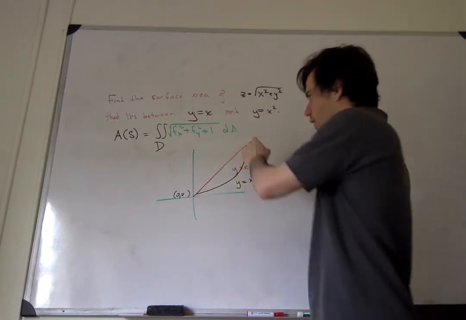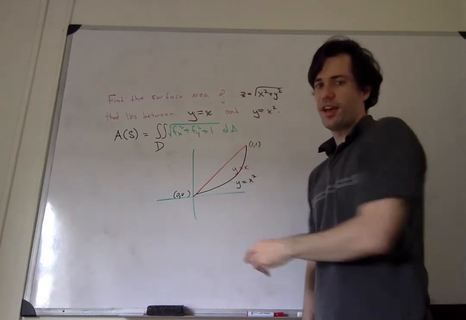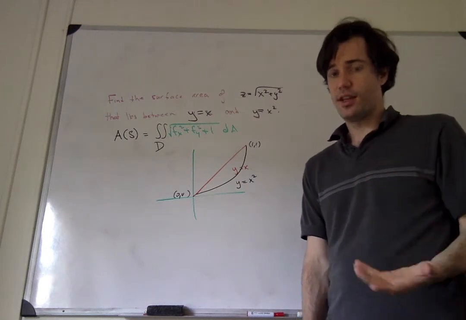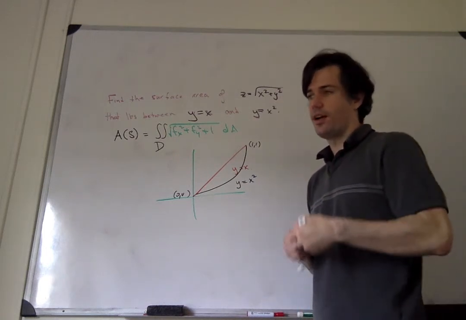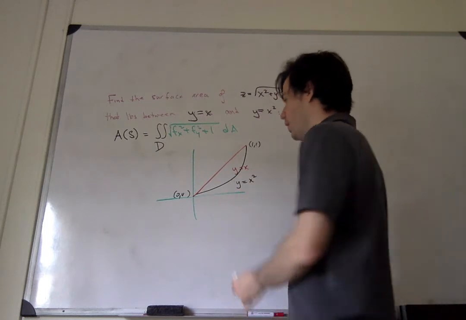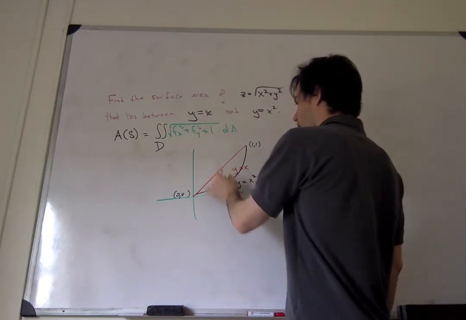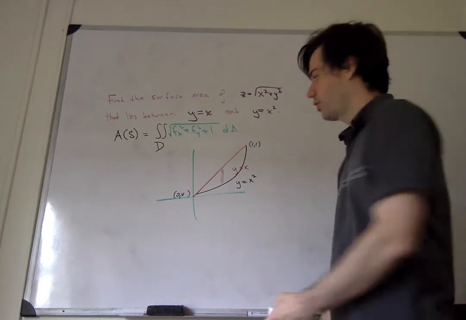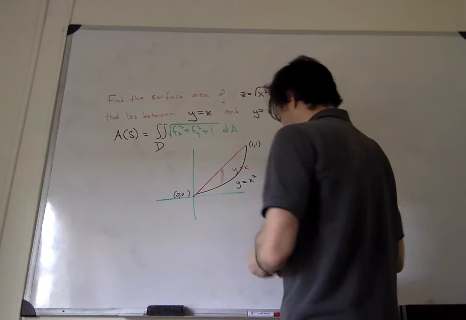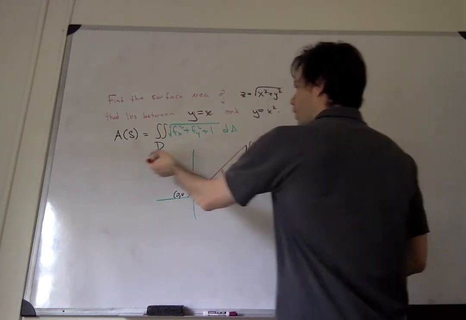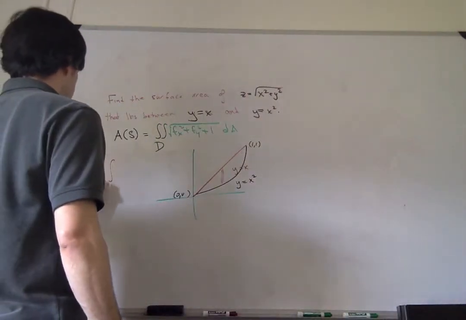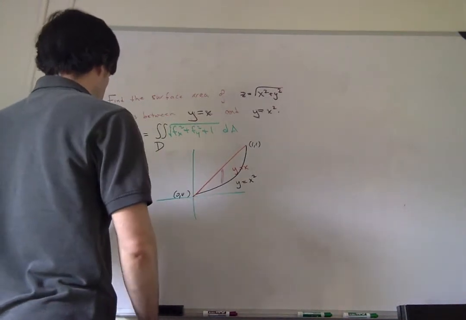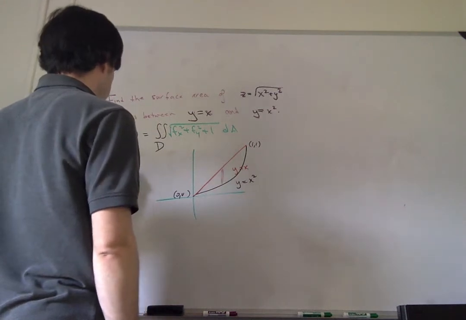Remember, ultimately we're going to set up a box, and outside of our strip the function that we're going to integrate is going to equal 0. But we don't want to get hung up on fundamentals too much. So I'm going to integrate in this direction, so that my outer integration is with respect to x, from 0 to 1. My inside integral is from x squared to x.